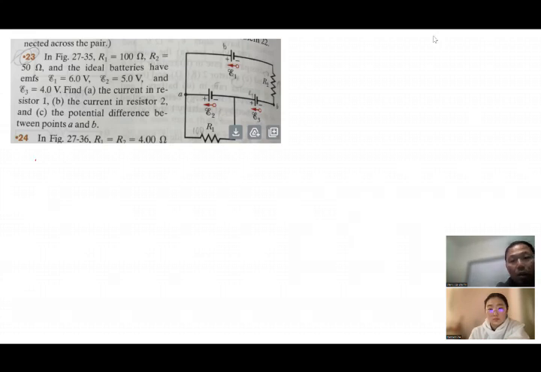Now you have basically two loops. Let's assume you have loop one and loop two. I did the bottom loop with R1 as loop one, and the loop with R2 can be called loop two.